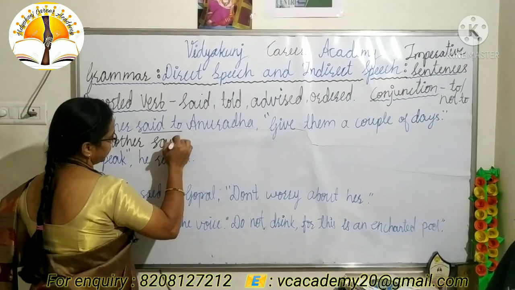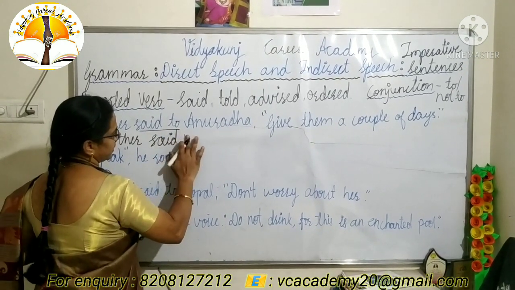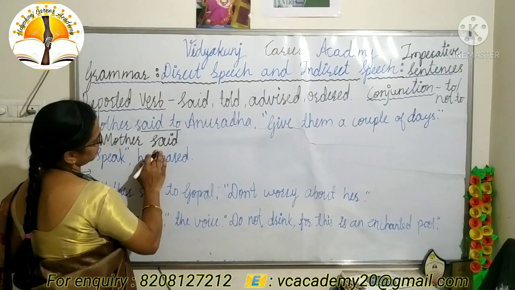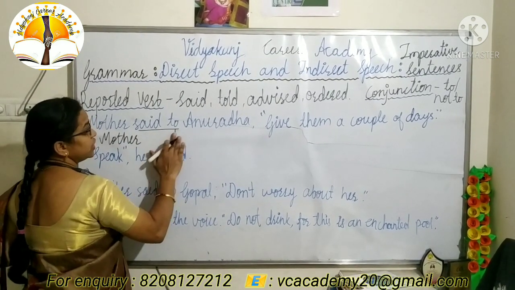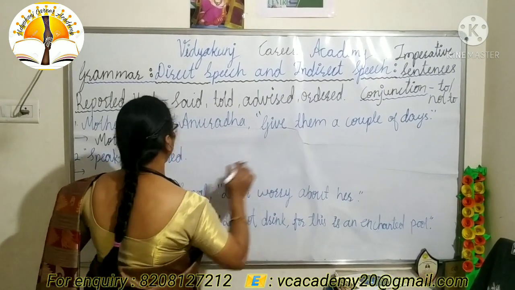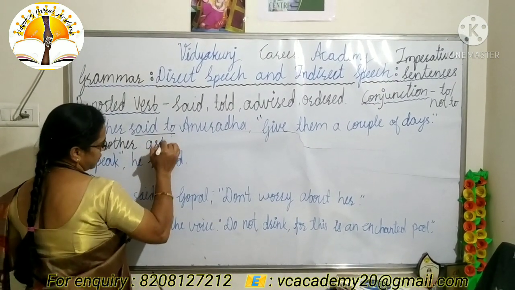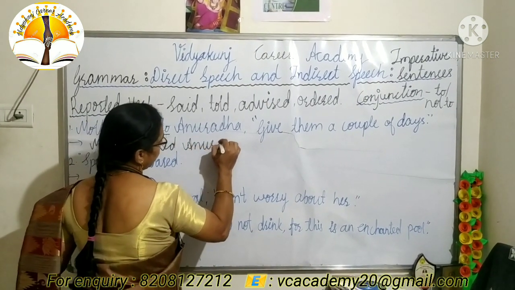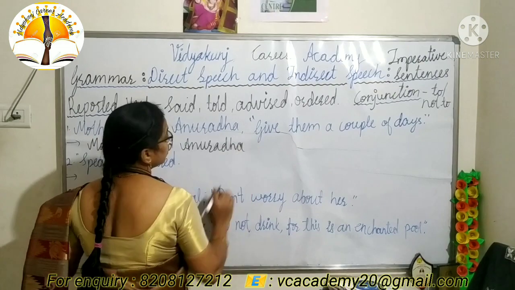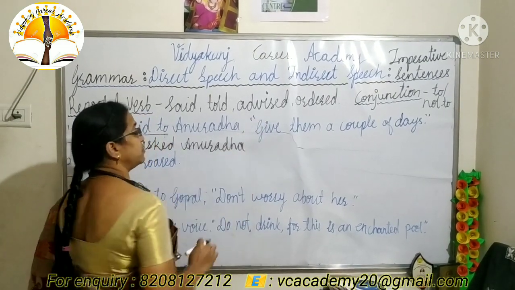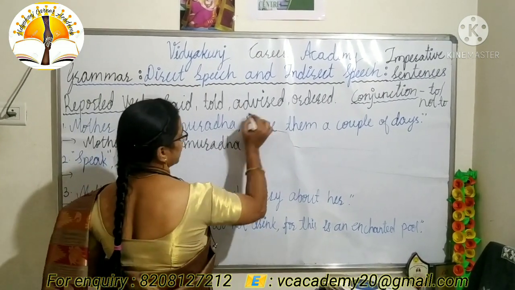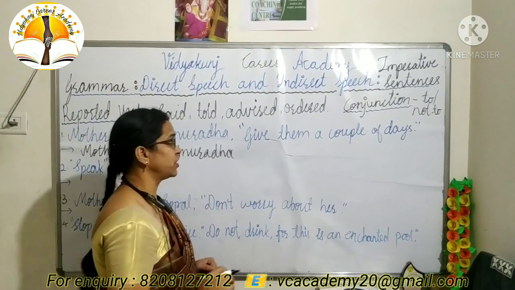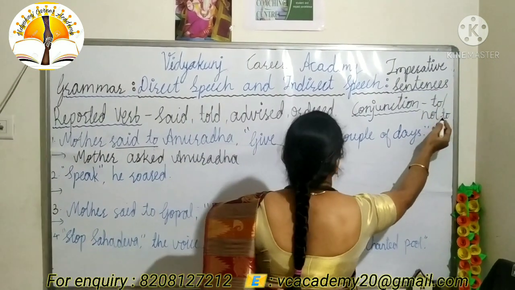It means asked. Here the comma and double inverted commas I have to remove. Then if you remove them, you have to use a conjunction, here to or not to.